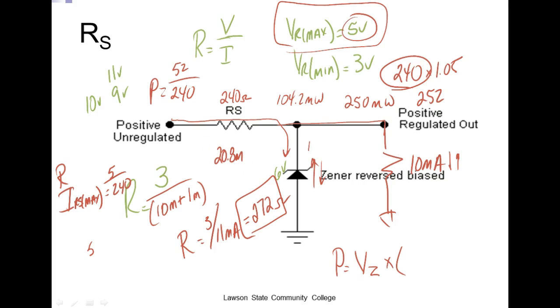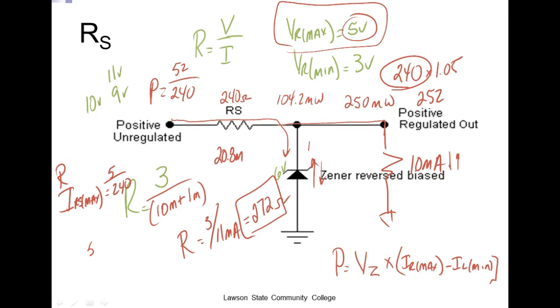And then what will we do? So the formula is IR max minus I of the load minimum. Now what we're going to say is, okay, what if I remove the load? Well, if I remove the load, then it's got to support this 10 milliamps right here, right?